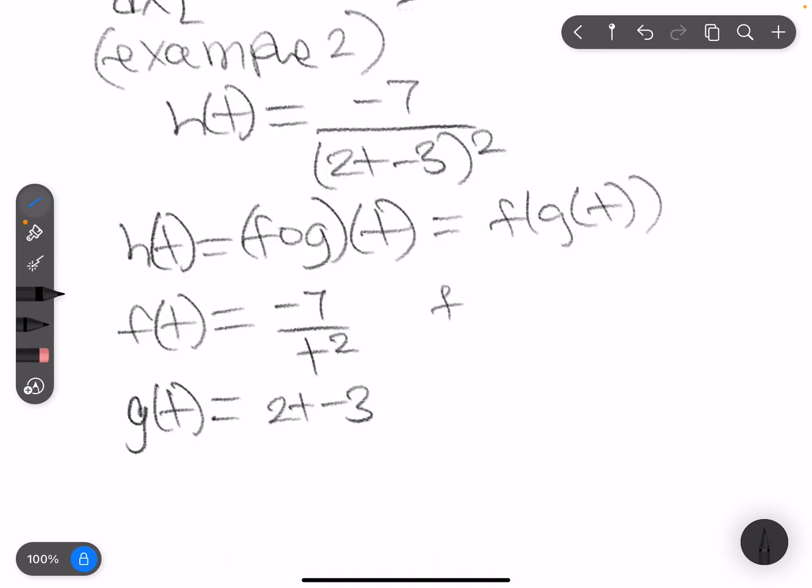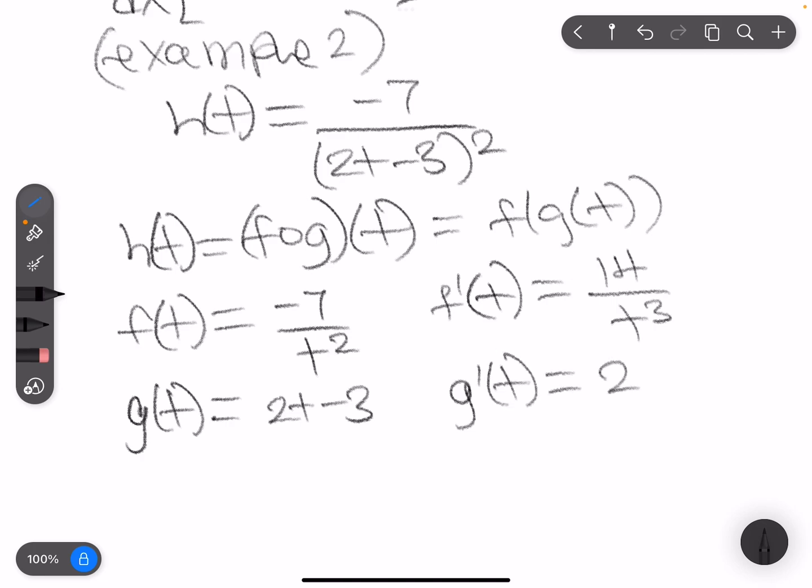Yes, and then f prime of t here is going to be 14 over t cubed. And g prime of t is going to be 2. Beautiful.